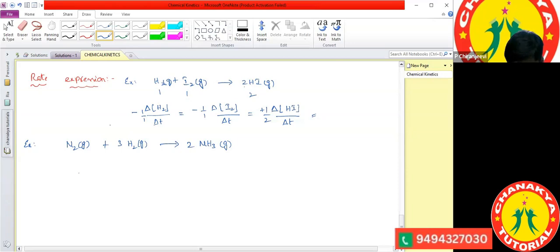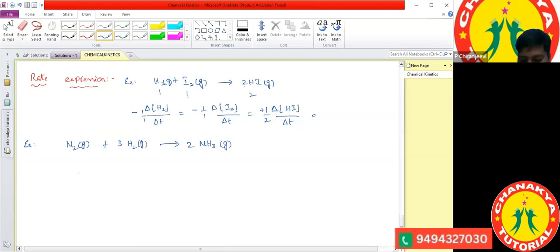I'm searching for the JEE question. How can we write it? No one is giving the answer. Yeah, they had given some reaction. How can we write it, Aditi, Ritu?